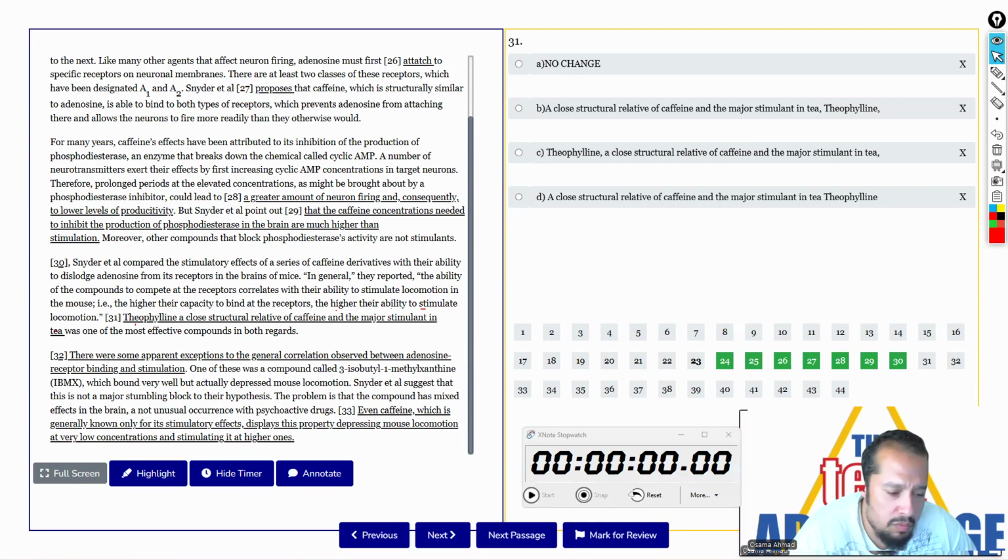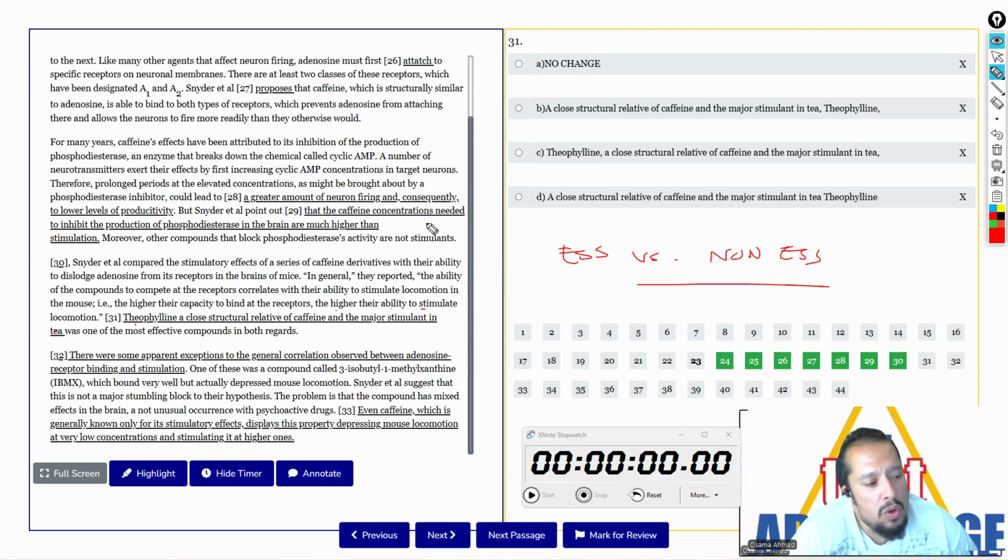Now, why was this so hard, guys? Why? What does this question focus on? It comes once in the exam, not every time, once or twice max. It focuses on essential versus non-essential information. And how do you know essential versus non-essential information?